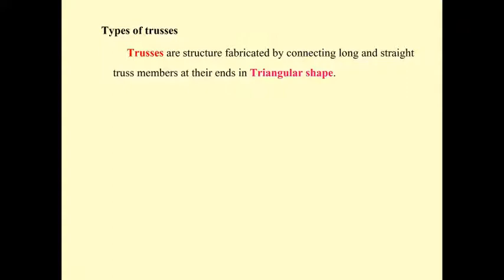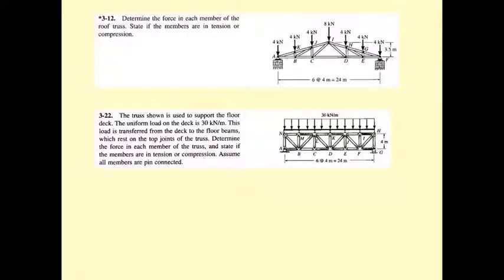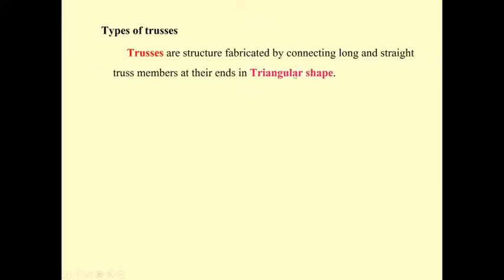You can recall from the previous slide, all the trusses we are considering here have triangular shape. We cannot put 4 members together and form a rectangular shape. The rectangular shape is unstable. Okay, so it must be in triangular shape.